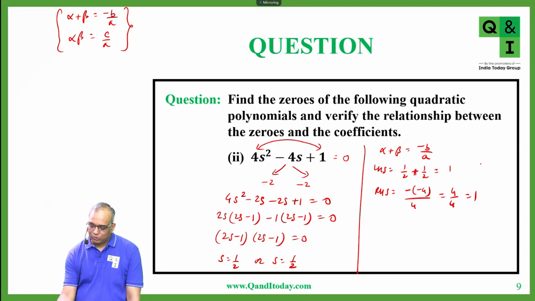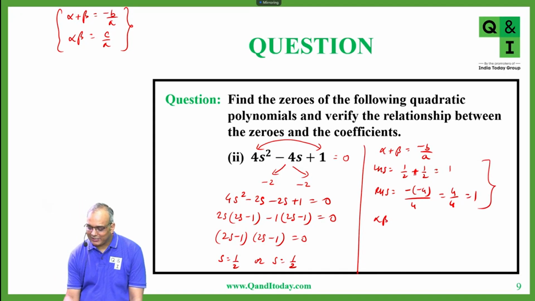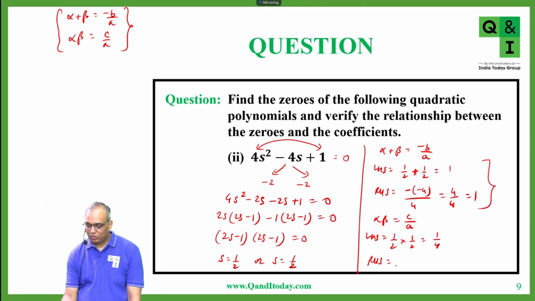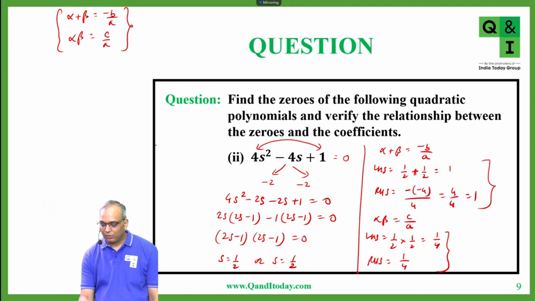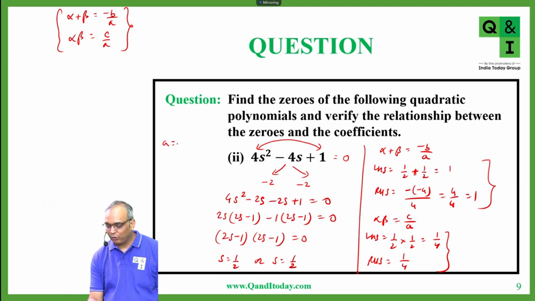So this is verified. Now the next relation, alpha beta is equal to c by a. Our LHS will be 1 by 2 into 1 by 2, that is 1 by 4. And our RHS is going to be c by a. So c is 1 and a is 4. Again, this is verified. You should also write here what a is equal to.